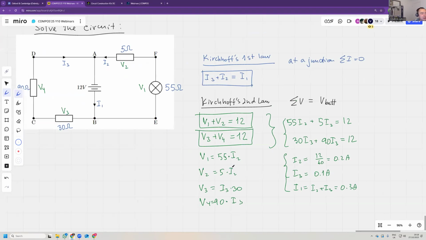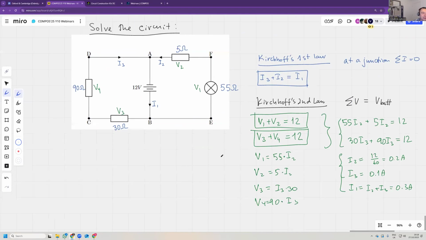So we can use Kirchhoff's laws to solve the circuit, and we can say that this is 0.3 amps. This is 0.2 amps. This is 0.1 amps.